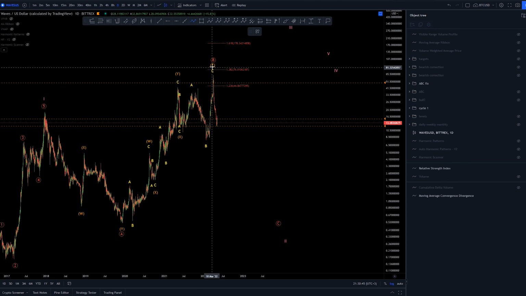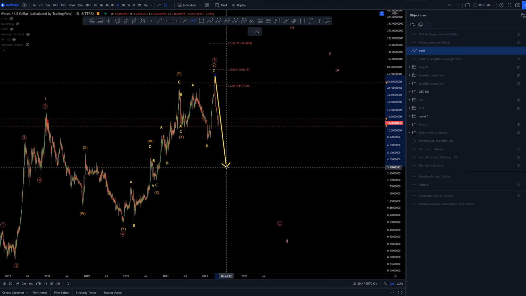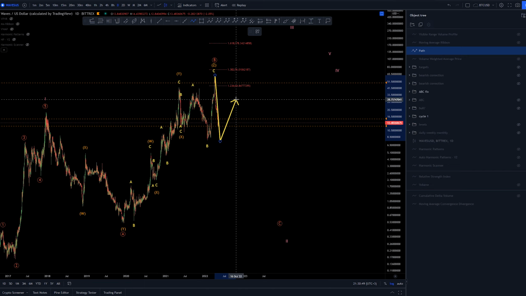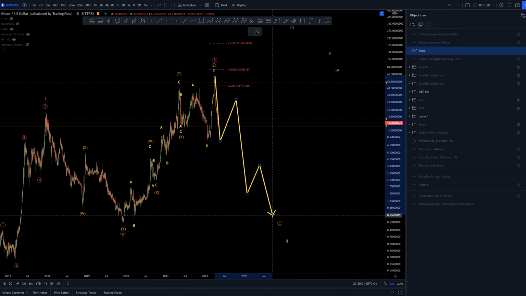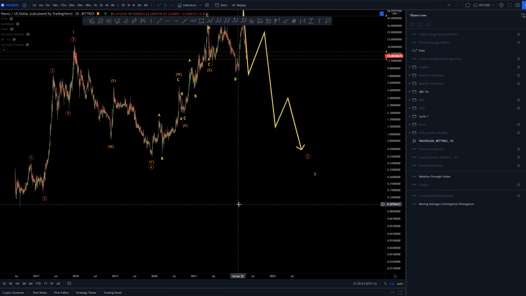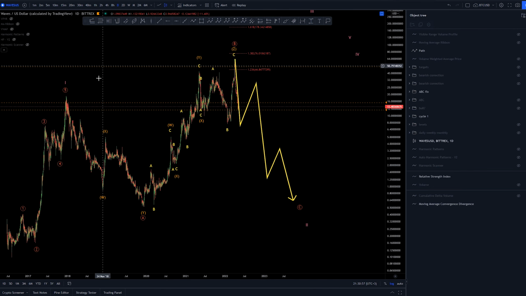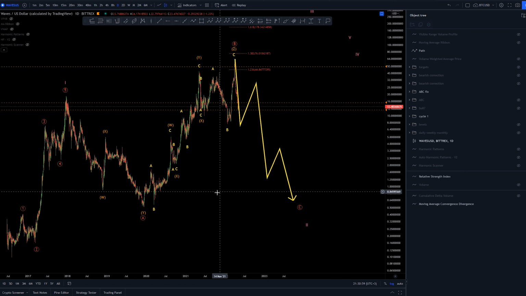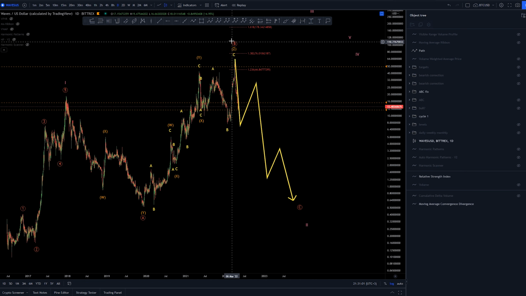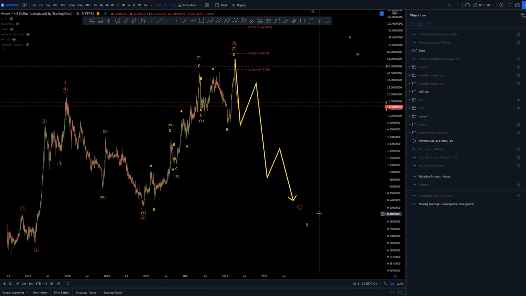Now on this bear case, we are still looking for wave structures of 5 waves here. And usually if we want to somehow elongate this time-wise, this is how it has to happen.